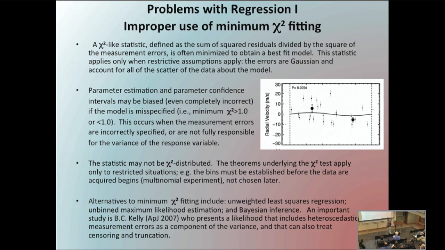If you want to specify, then there's certain hierarchical models that can be written down, either frequentist or Bayesian solution, doesn't really matter, that are called measurement error models or errors-in-variables models that are a little more complicated than this. The best one that we know of is Brandon Kelly's 2007 ApJ paper, who writes down a complicated likelihood that includes the heteroscedastic measurements and other sources of variance, in his case a linear model, but it could be a nonlinear model.